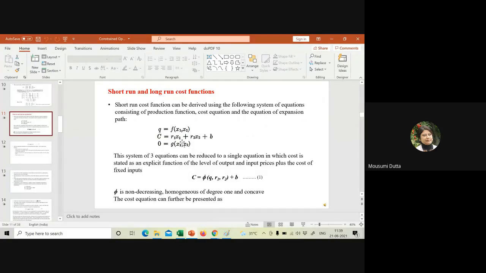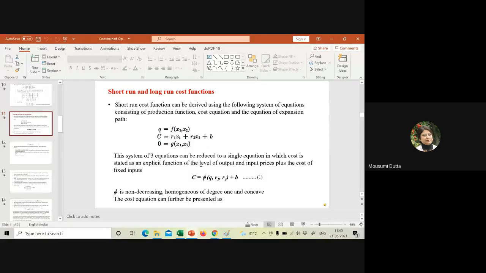From the Lagrangian, using the first order conditions, we get three equations. However, from the three equations we reach two: we divide equation number 1 by equation number 2 and generate the equation of the expansion path, which I'm writing here.